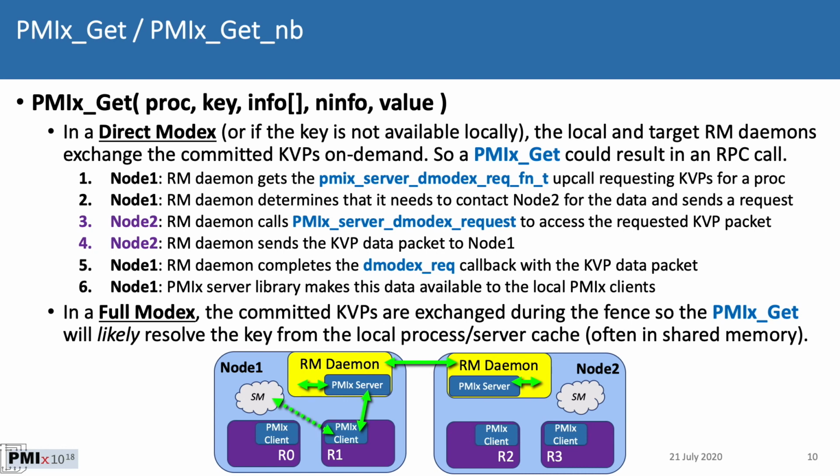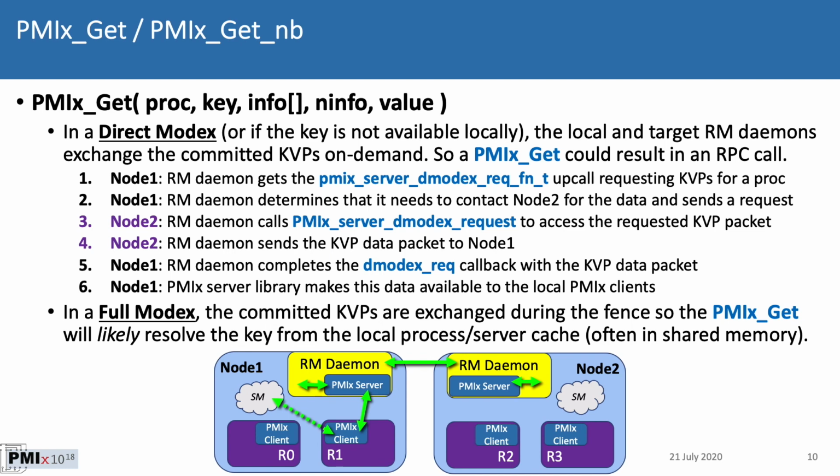Node 1 will then feed that packet of data into the completion callback for the dmodex request, which feeds it into its local PMIx server library. That server library then makes it available to the PMIx clients. Usually this means that it'll store the information inside the shared memory segment and then notify the client that it's available there to access.